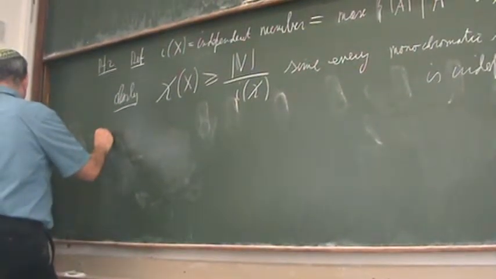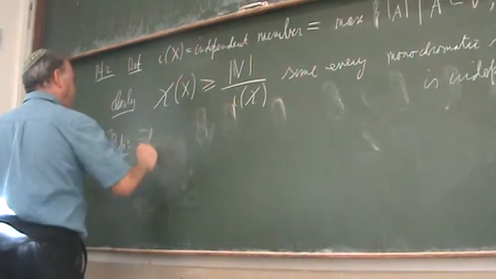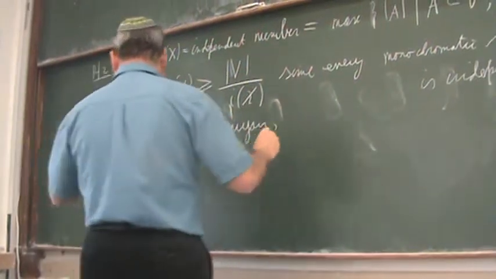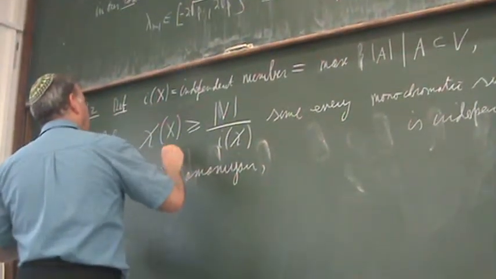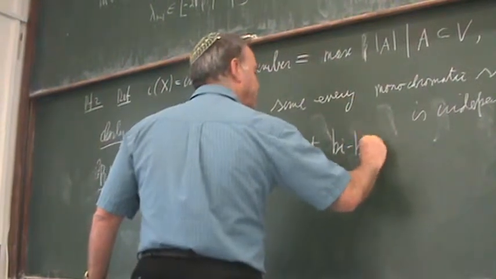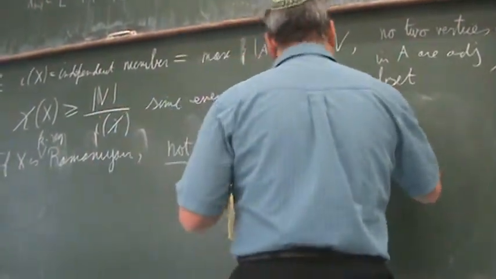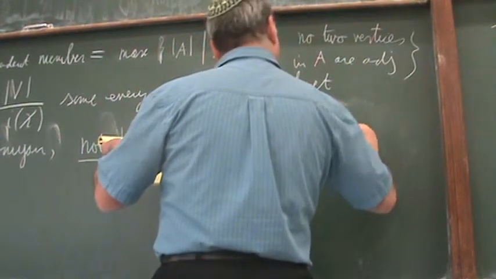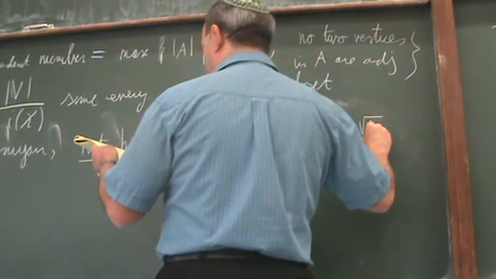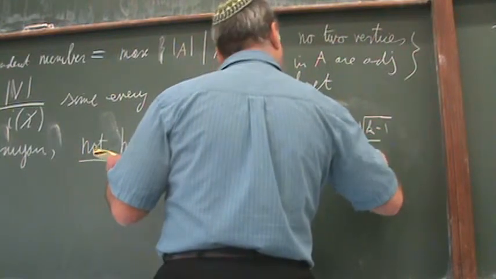And now let's prove a claim or proposition, which is kind of important by itself, that if X is a K-regular Ramanujan graph, not bipartite, and we'll see how this comes up in the proof, then I of X is at most 2 square root of k minus 1 over k times n.